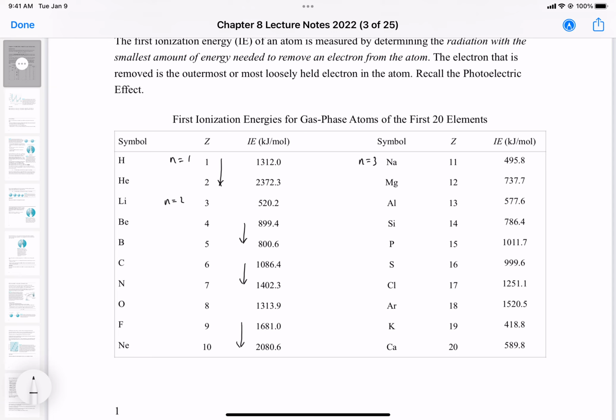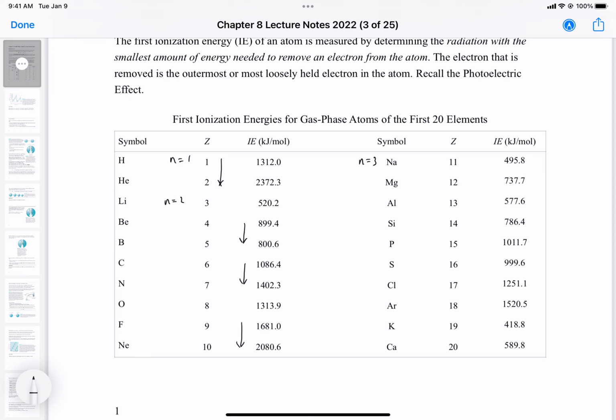So there are some exceptions here, and I think it has to do with putting electrons in a new orbital. Like for boron, you're putting it in a p orbital, so since it's in the p orbital, it generally decreases because p orbitals are further away from the nucleus than an s orbital, so it's going to be held less tightly by the protons.